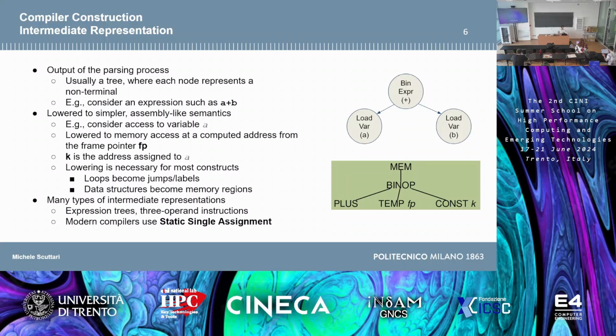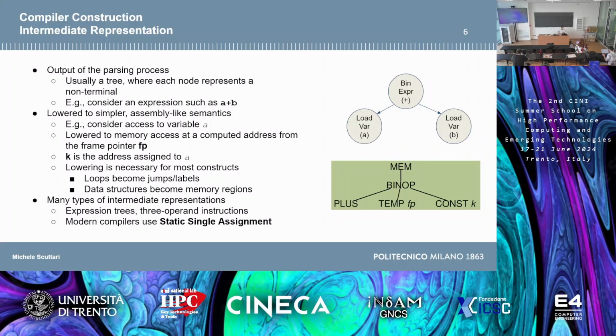This translation from the single node that performs just an access to a high-level variable to something that operates with actual memory addresses, or at least abstract memory addresses in this case, is called a lowering. Okay, it's a phase that moves from an intermediate representation that is very near to the source to one that is nearer to the backend.